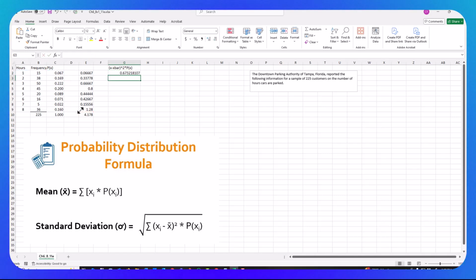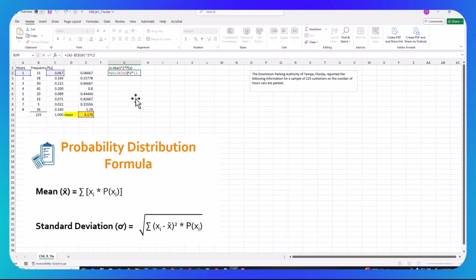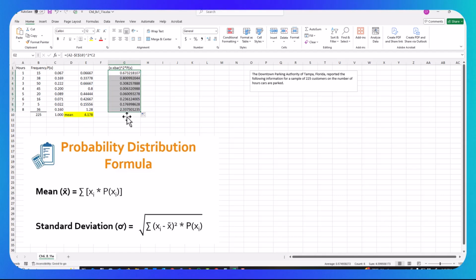And I hit enter, and probably would be a good thing here to say that this value is the mean. All right, so that's the mean. And so now that I've done this formula once and I've absolute referenced the mean, I can take this and just drag it straight down. And I'm going to do the same thing, that this is going to be the standard deviation.